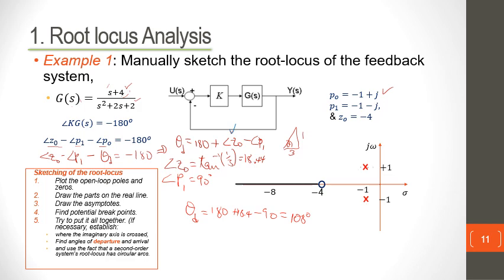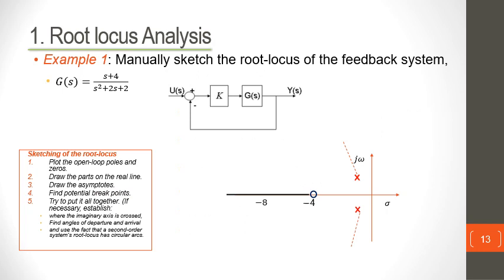So the angle of departure will be around that. This one will be our angle of departure, theta d, which is 180 degrees. So we can do the same also here to find the angle of departure of the second pole, P2. Let's do that.